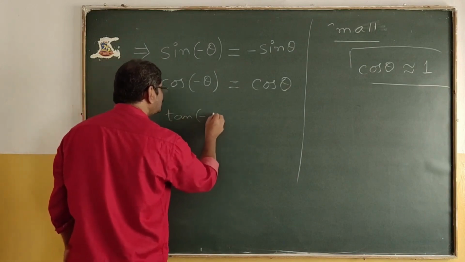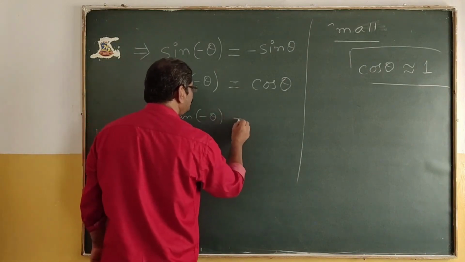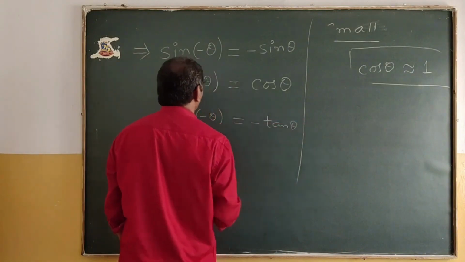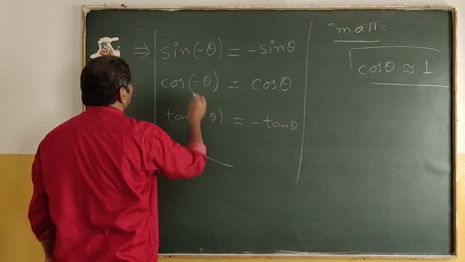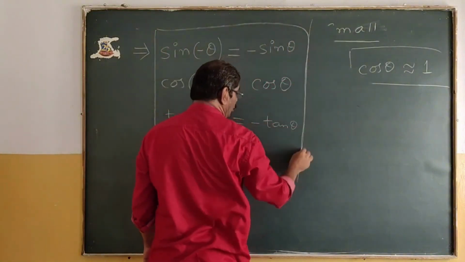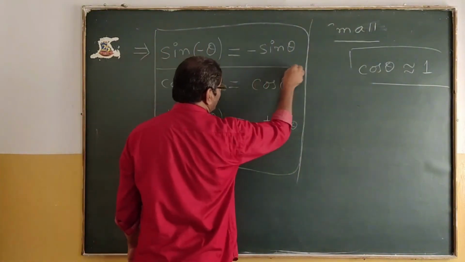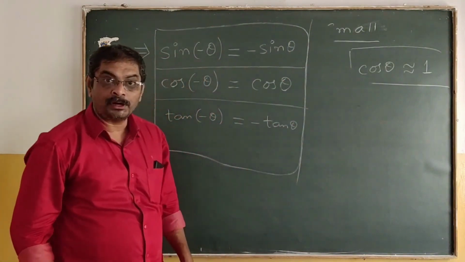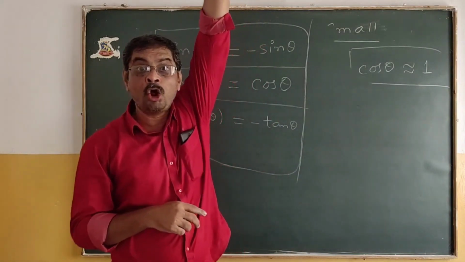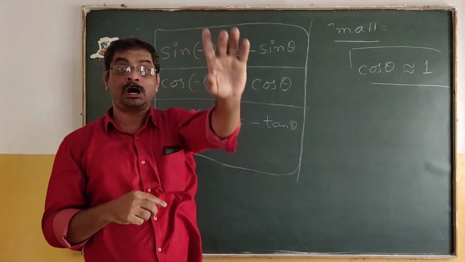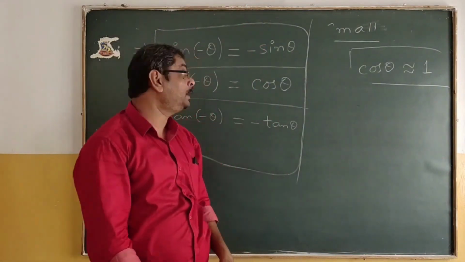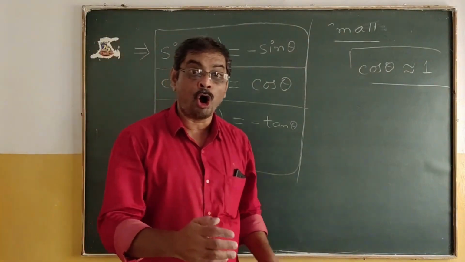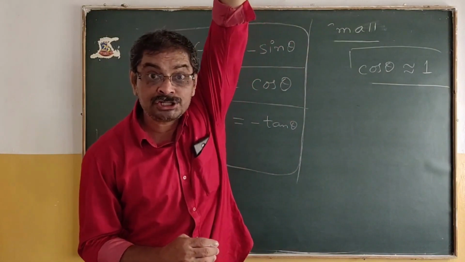Similarly, cos of minus theta will be numerically equal to plus cos theta, and tan of minus theta will be numerically equal to minus tan theta. This is one more very important thing you need to remember under trigonometry.